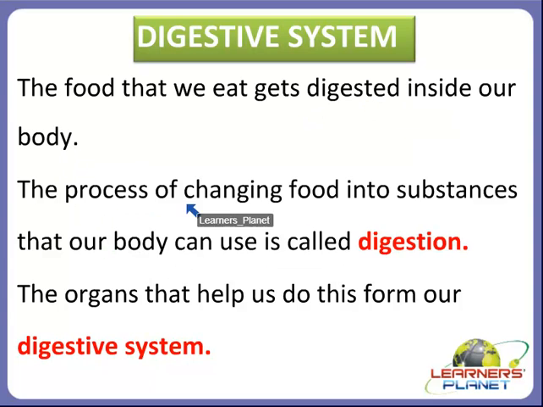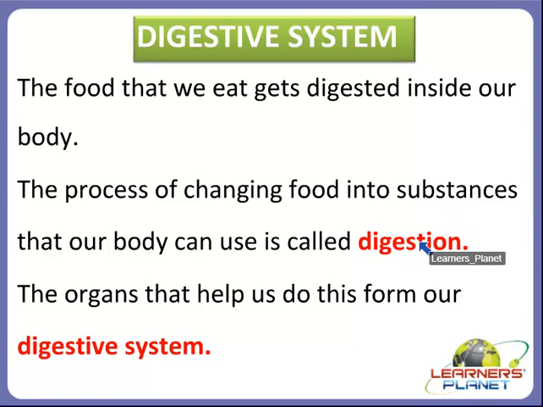So, the process of changing food into substances that our body can use is called digestion. So always remember, children, the process of changing food into substances that our body can use is called digestion.